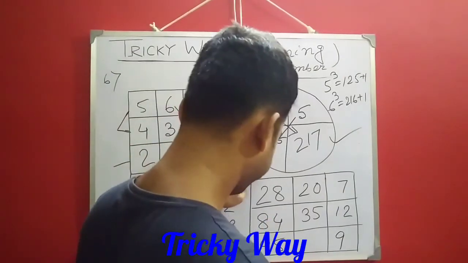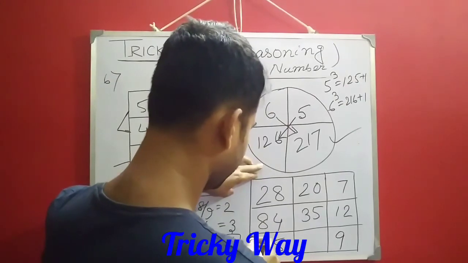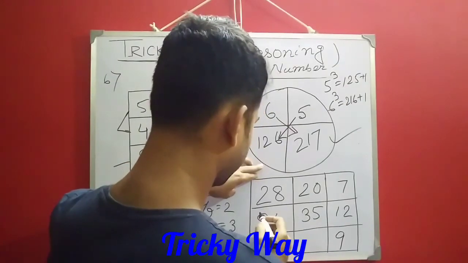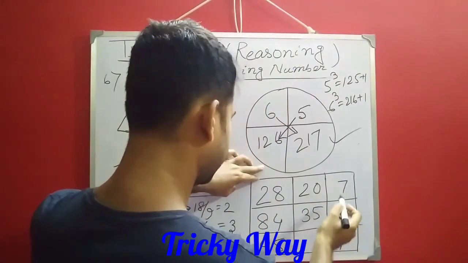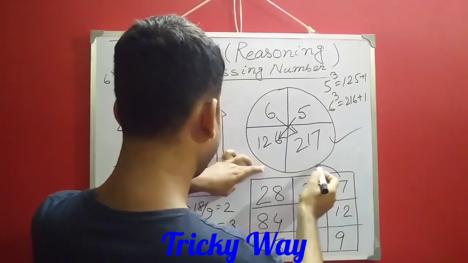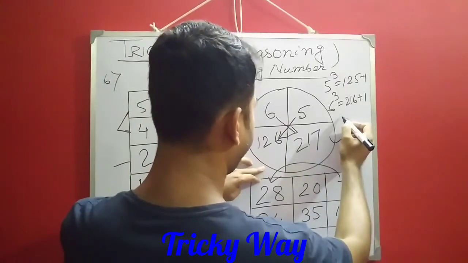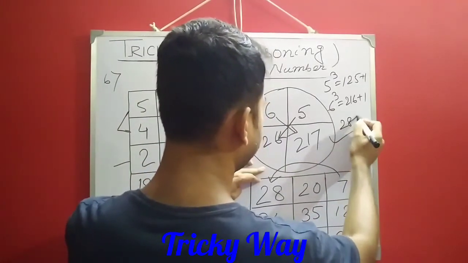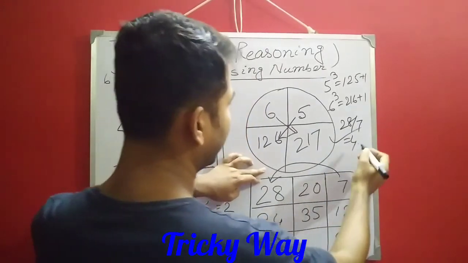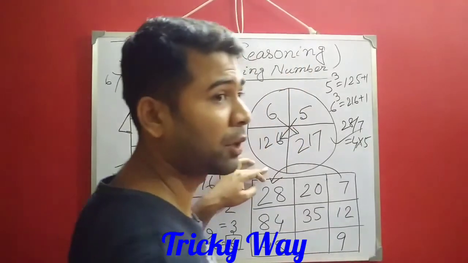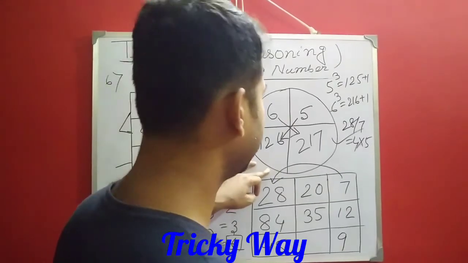And here, clearly, 28 divided by 7 equals 4. 4 into 5 equals 20. It is one of the complicated questions, but it is very easy.